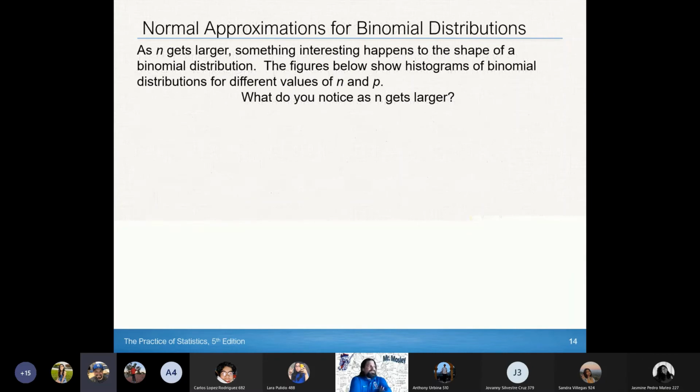So, normal approximations for binomial distributions: as n gets larger, something interesting happens to the shape of a binomial distribution. The figures below show histograms of binomial distributions for different values of n and p. What do we see as they get larger? So we have n of 10, p of 0.8.